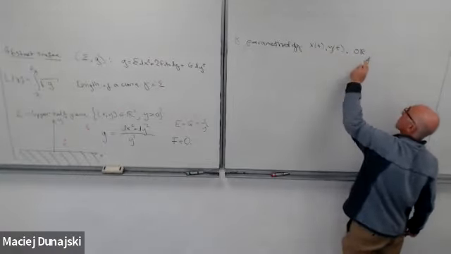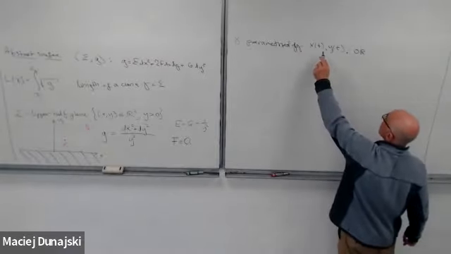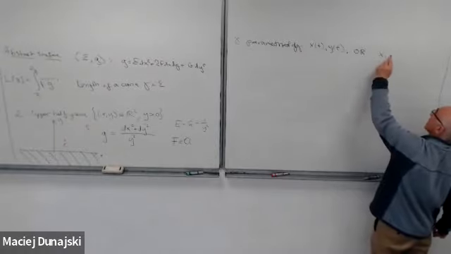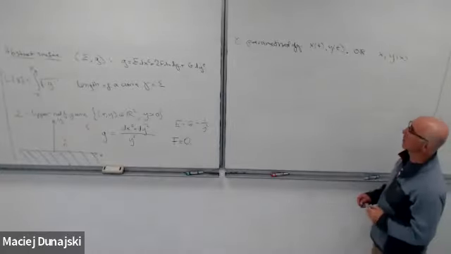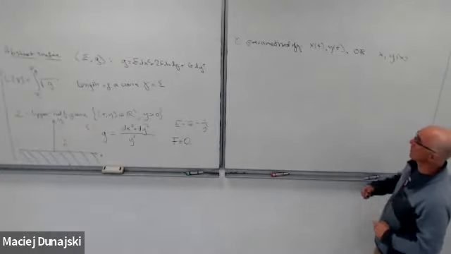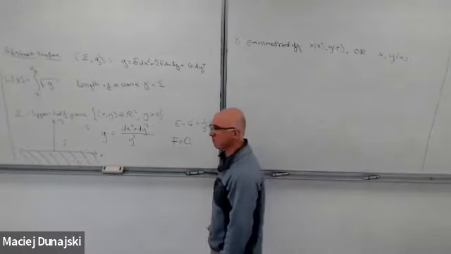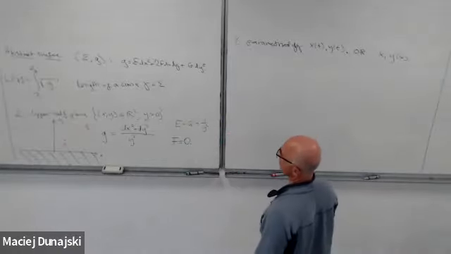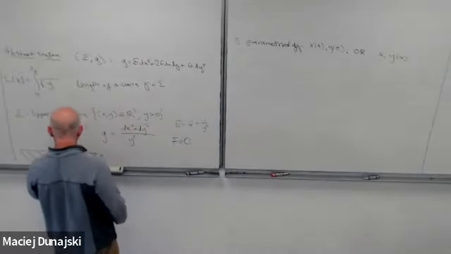I'm going to parameterize this curve by x. So rather than saying that t goes to x of t, y of t, I'll have x and y of x. So that will give me, instead of Euler-Lagrange equations with 2 dependent variables, one Euler-Lagrange equation with 1 dependent variable.